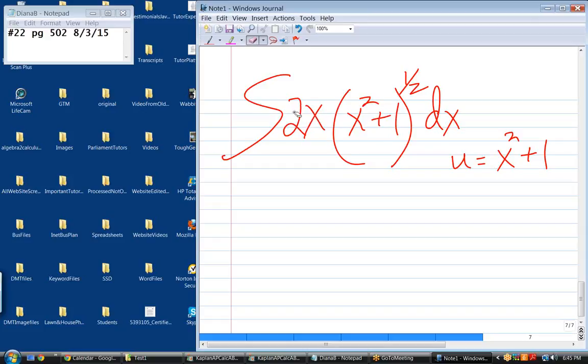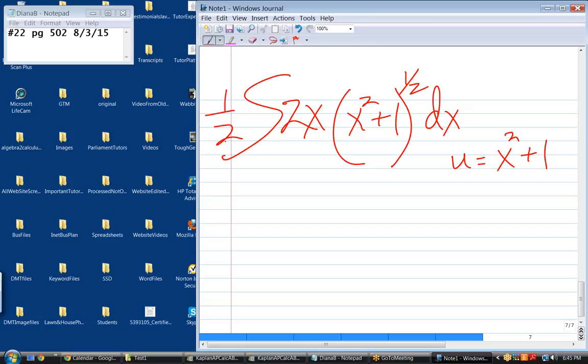Well, what if it was only that? Could I still do it? Yes. Here's what I would do. This that I've written right here is the same as if I put a 1/2 there and a 2 there. Same thing. I haven't changed anything, because I can always bring constants outside the integral sign.